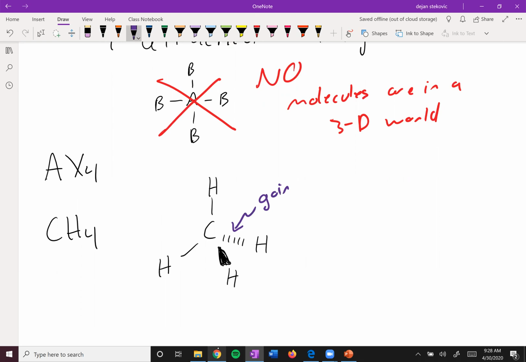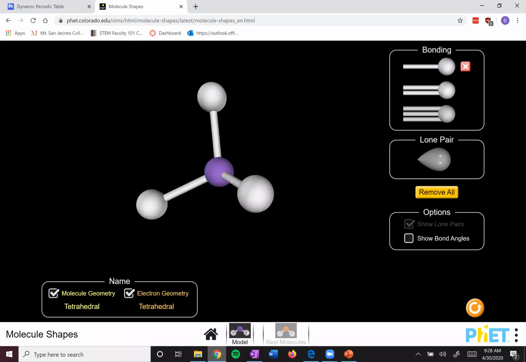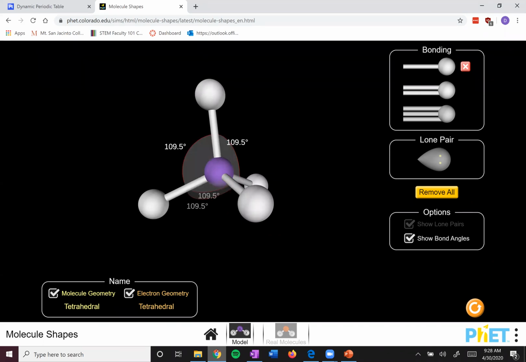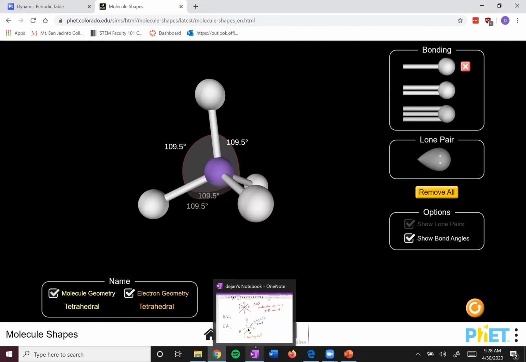So it looks just like this. That's how we draw this 3-dimensional structure on a 2-dimensional piece of paper. And if you take a look at the bond angles, they're all 109.5.